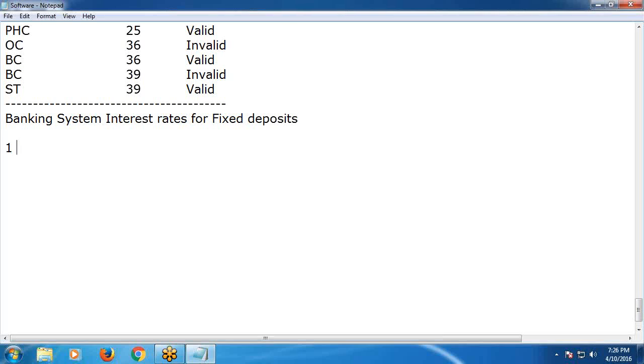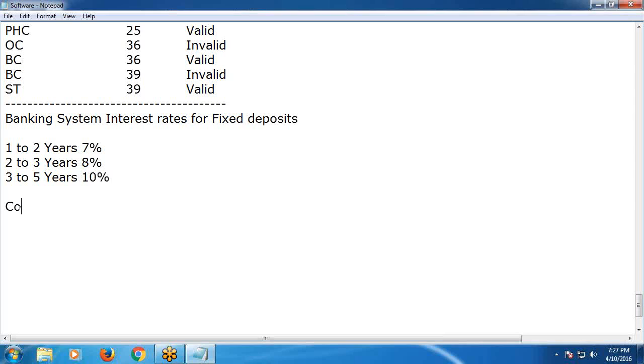Observe the ranges: 1 to 2 years, suppose 7%. Next 2 to 3 years, 8%. Next 3 to 5 years, suppose 10%. See, these are the rates for fixed deposits.